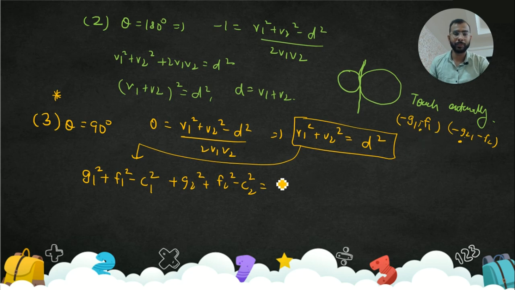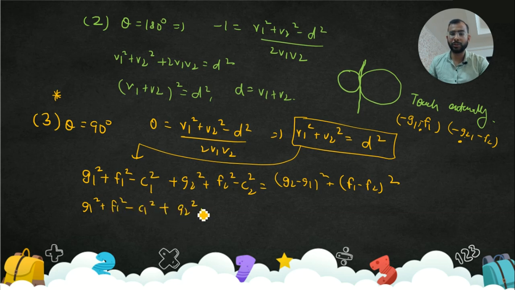(g2 minus g1) whole square plus (f1 minus f2) whole square. This is g1 square plus f1 square minus c1, plus g2 square plus f2 square minus c2, is equal to g1 square plus g2 square plus f1 square.